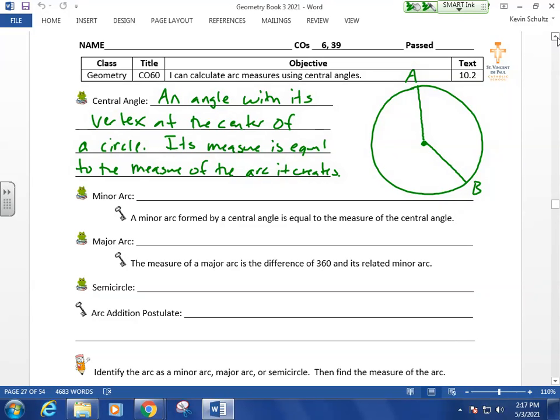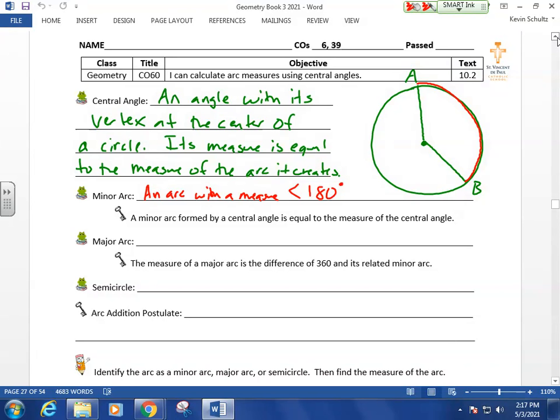And if you're asking yourself, well, what is an arc? What do you mean by that? This would be an arc. The distance around the outside of the circle from point A to point B would be arc AB. And we call it a minor arc because it's an arc with a measure less than 180 degrees. Okay?